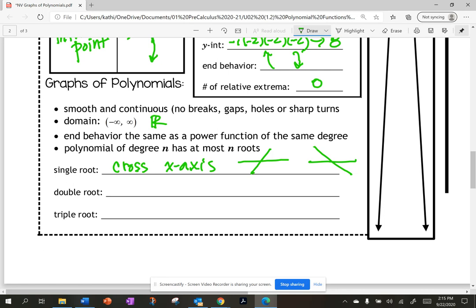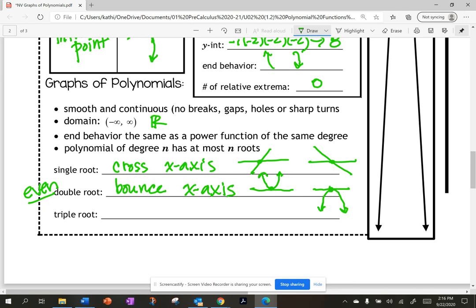If I have a double root, I'm going to bounce on the x-axis. So that means if I'm coming from the positive infinity, I would look like this. If I'm coming from the negative infinity, I would look like this. So this has to really do with any even root.